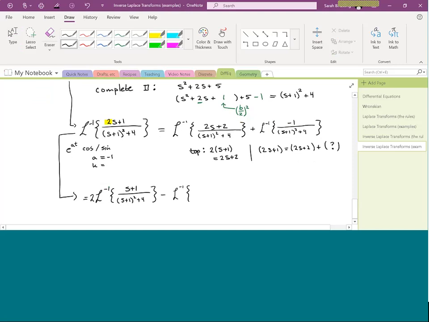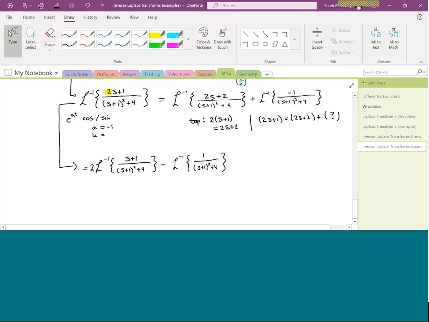So we have the inverse Laplace transform of 1 over s plus 1 quantity squared plus 4. Notice the most complicated part of dealing with these inverse Laplace transforms is just if they need some sort of algebra adjustment, doing that algebra adjustment to get it into a form that you can deal with. So at this point, we've done these guys before.